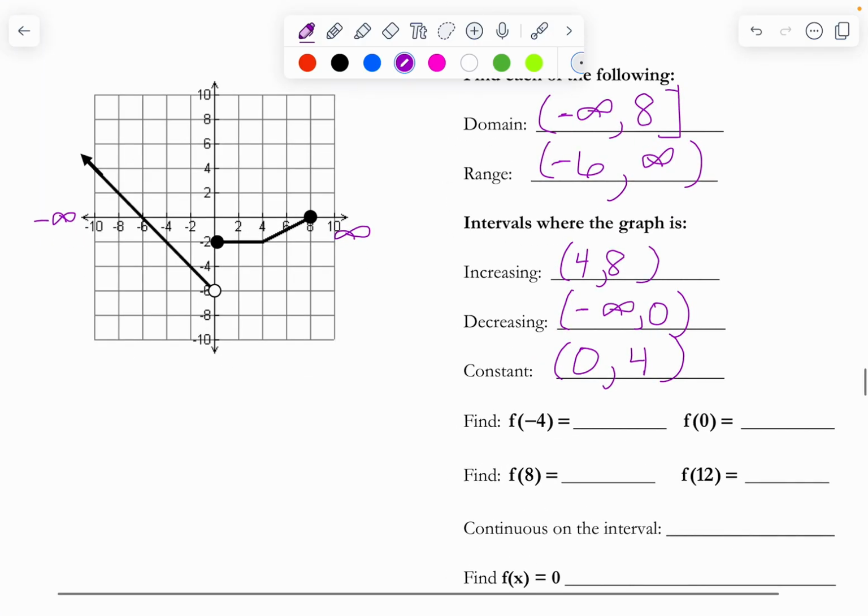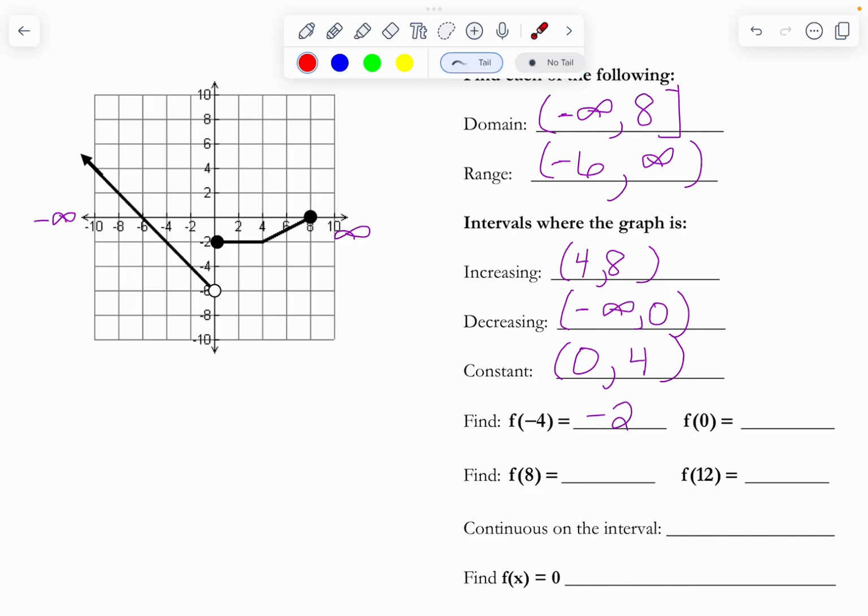Now here I'm going to do the same thing. I have f of negative 4. So when x is negative 4, my y value is negative 2. When it's 0, now be very careful. You might say, oh, it's negative 2 and negative 6. It cannot be negative 6 because that's an open circle.